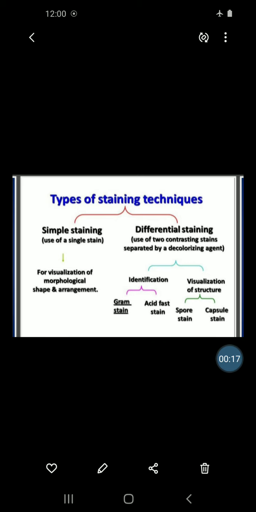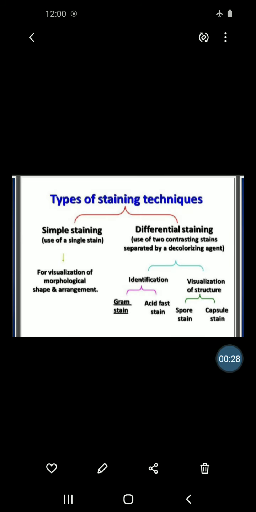There are different types of staining techniques. In that, first, simple staining and differential staining. In simple staining, there is use of only a single stain. These points are also discussed in the theory lecture.